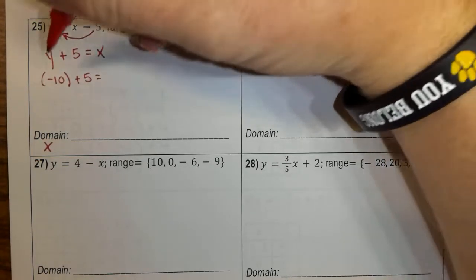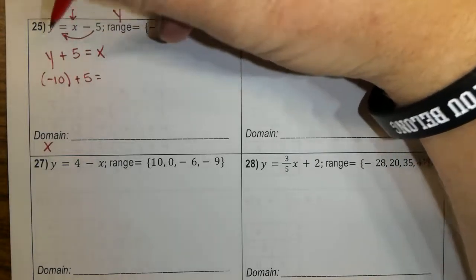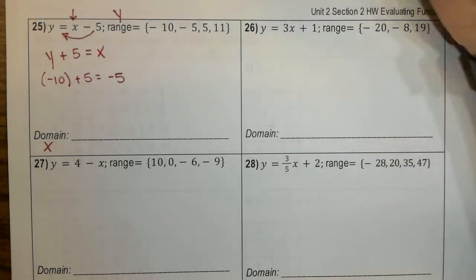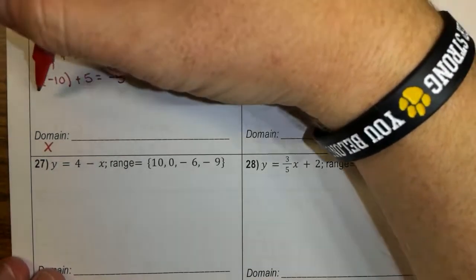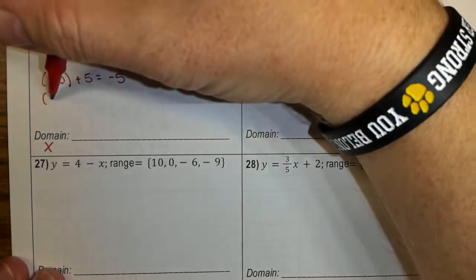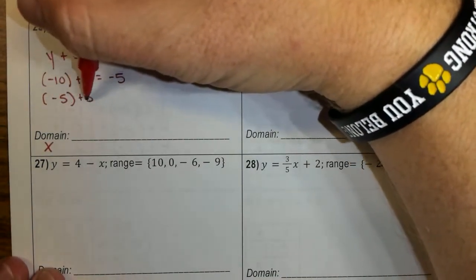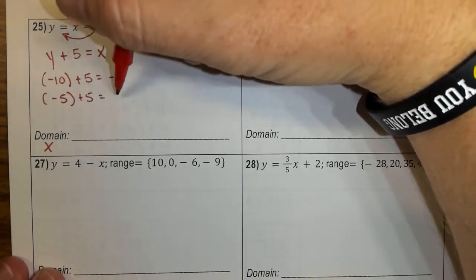Okay. 5 minus 10 is negative 5. There's my first answer. Now we just do this 3 more times and we're done. So now instead of y, I have negative 5 plus 5, and 5 minus 5 is 0.